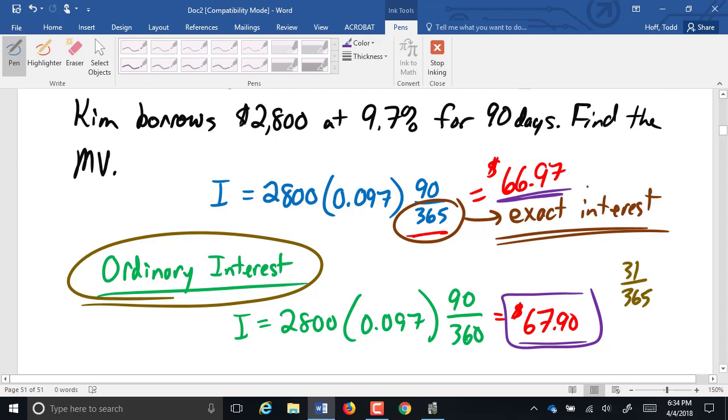They get 93 cents more interest by using the ordinary interest calculation instead of the exact interest calculation. So even though they've got computers now that do the exact interest real easily, they still use ordinary interest because they get more interest. They can milk a few more cents a year out of you. It's kind of what they're there for, right?